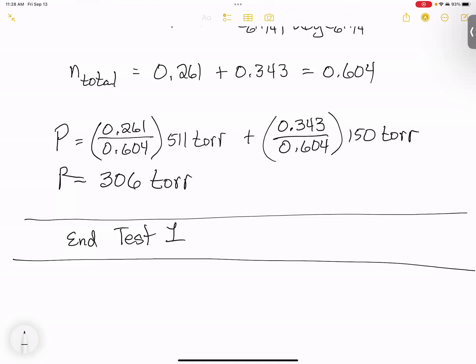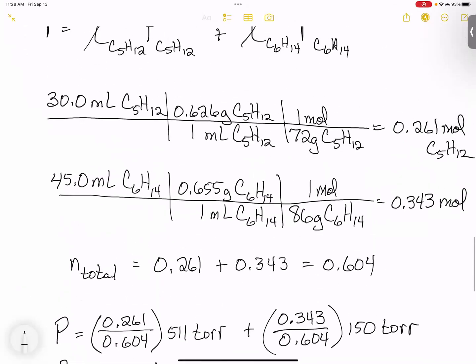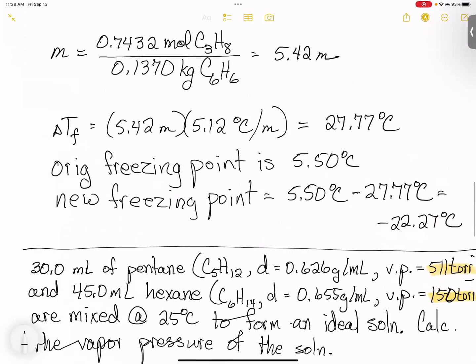So, yes. I've got a quick question for the problem before that. The question about freezing point depression. I know that the change in the freezing point is the solution freezing point minus the solvent freezing point. Didn't we just calculate the change in freezing point that the introduction of a solute causes to the solvent?